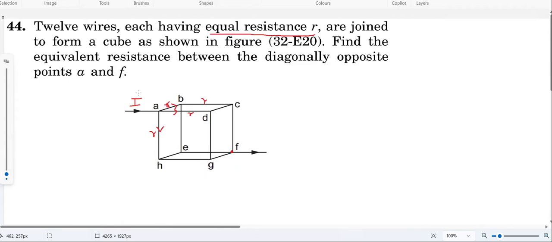In the first step, the current flows through the branches AH, AB, AD.